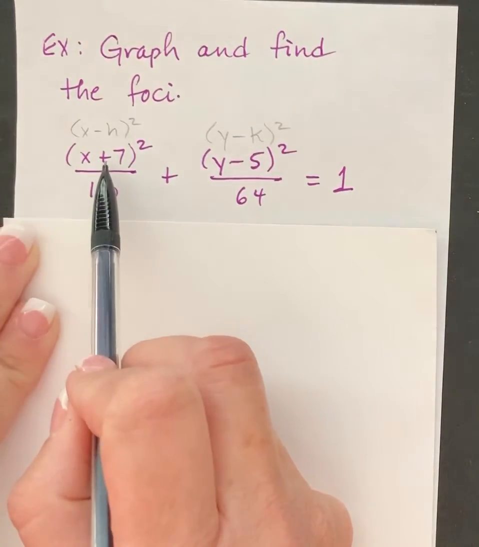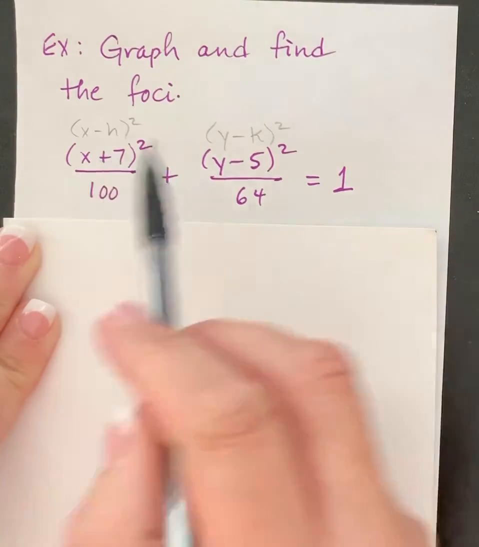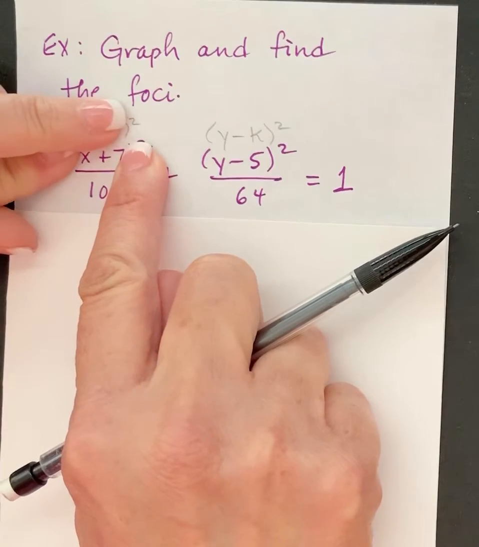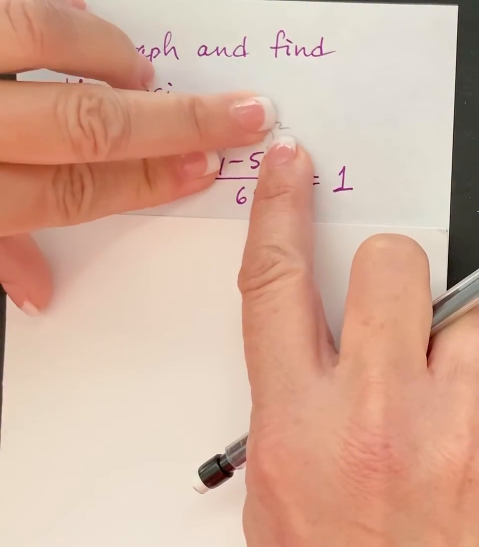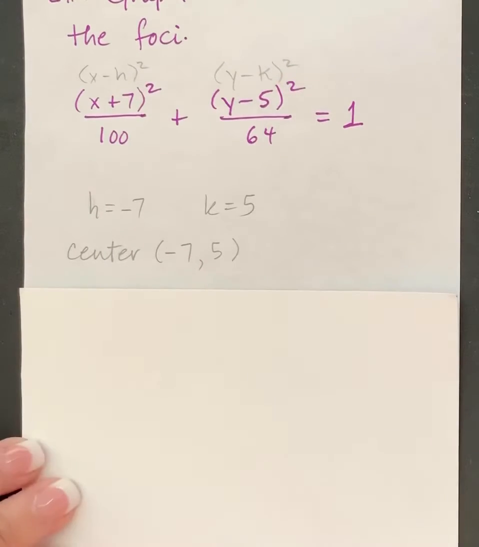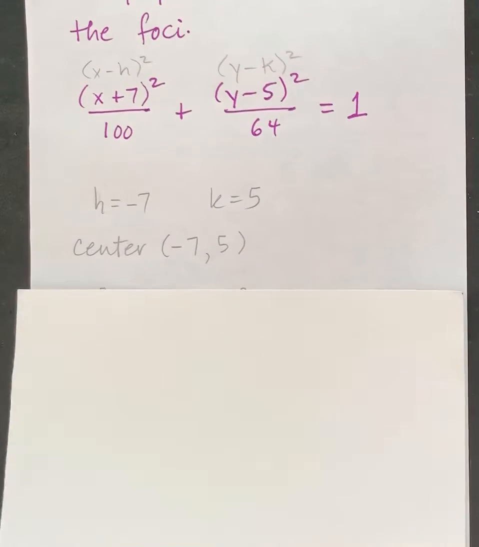So in this case, h is going to be -7 and k is going to be +5. Remember, you can think of it as being the opposite of that number and the opposite of that number. So that will give us the center being (-7, 5). And so if we go to graph this, we'll need to look at the a and the b.